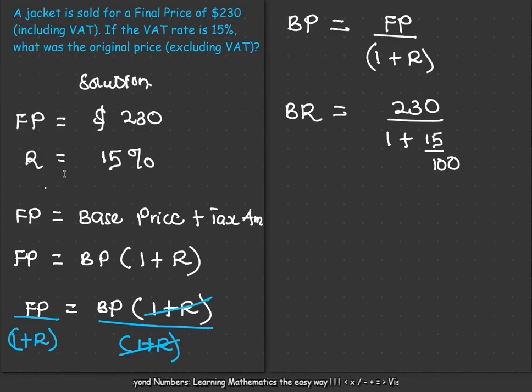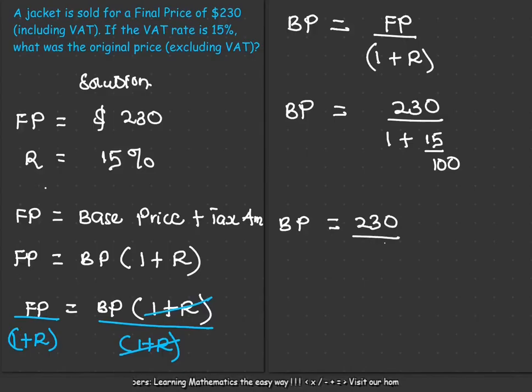So if you do want to change it into decimal, you can say that your base price is equal to 230 over 1 plus 15 over 100, which when we solve using the fraction method, we are going to get 115 over 100. You see, all this that I'm doing here, if you have a calculator, you can just punch it out and then you get your answer. But because we are not using that for this level, that is why we want to take our time and then go through it the right way.